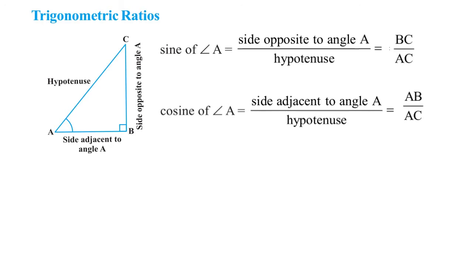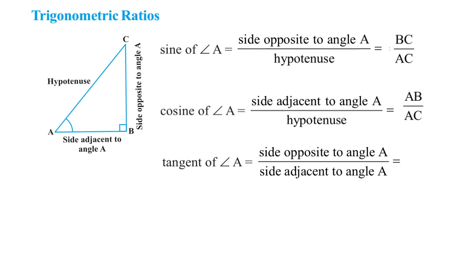And another trigonometric ratio, tangent of angle A is given by the ratio side opposite to angle A divided by the side adjacent to angle A. And what is that going to be? It's going to be BC over AB. The three fundamental trigonometric ratios, sine, cosine, tangent. We will look at what their reciprocals are.